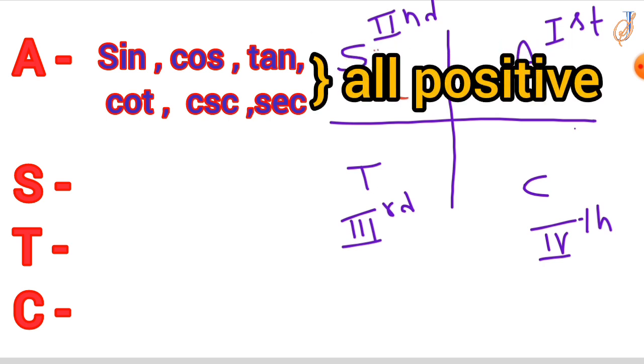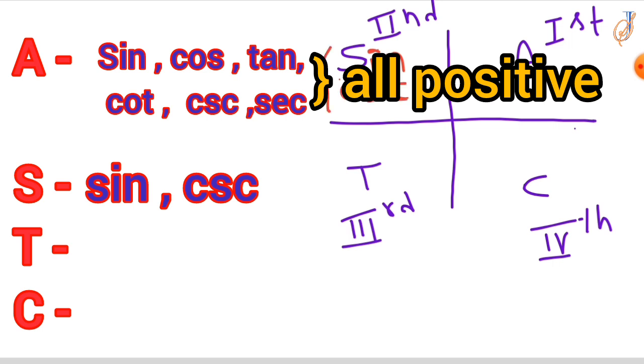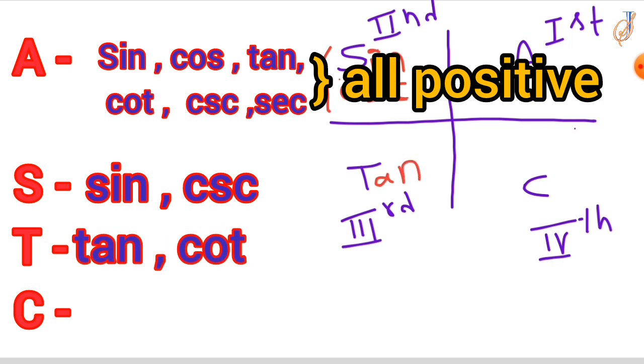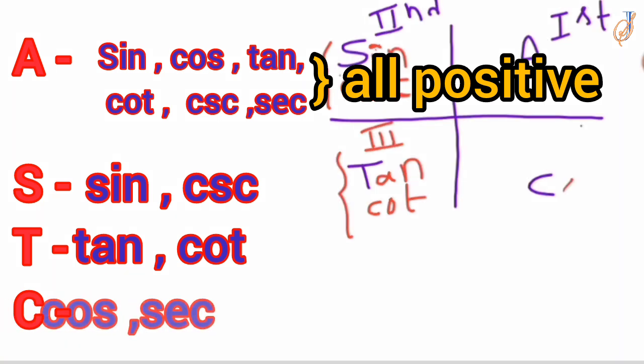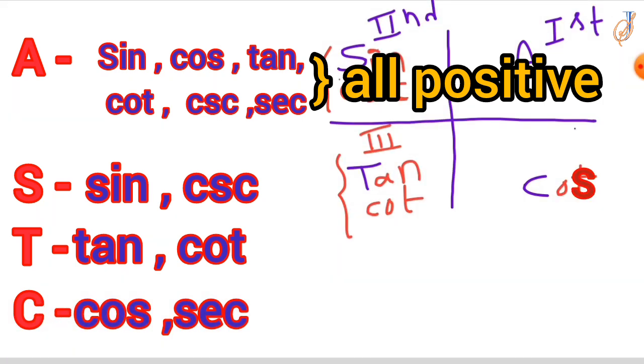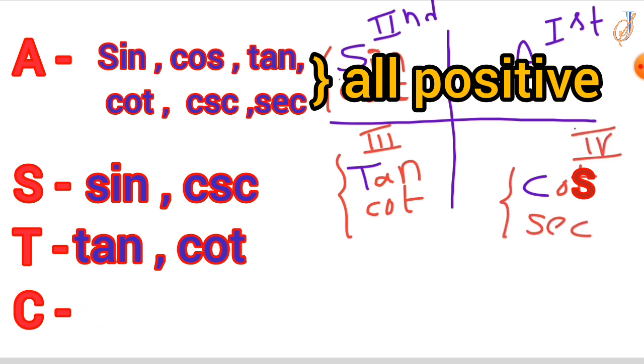And S stands for sine and its inverse function, which is cosec. These two are positive here. And T stands for tan and its inverse function, which is cot. These two are positive in the third quadrant. And then C is nothing but cos, and the inverse function is secant. These two are positive here. So this is the fourth quadrant. I hope everyone knows that.